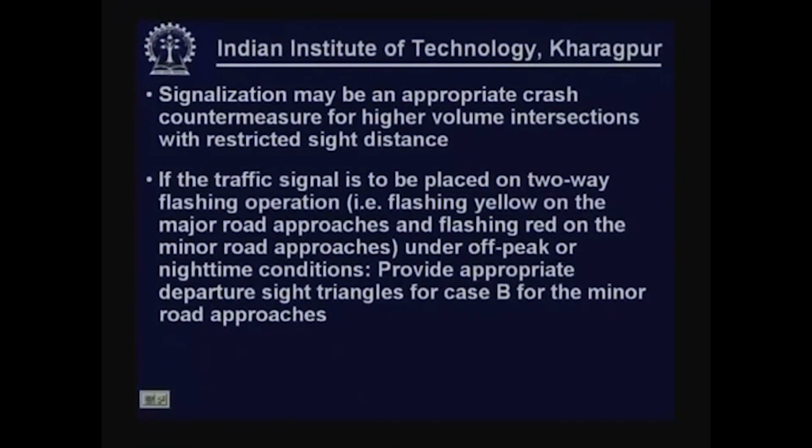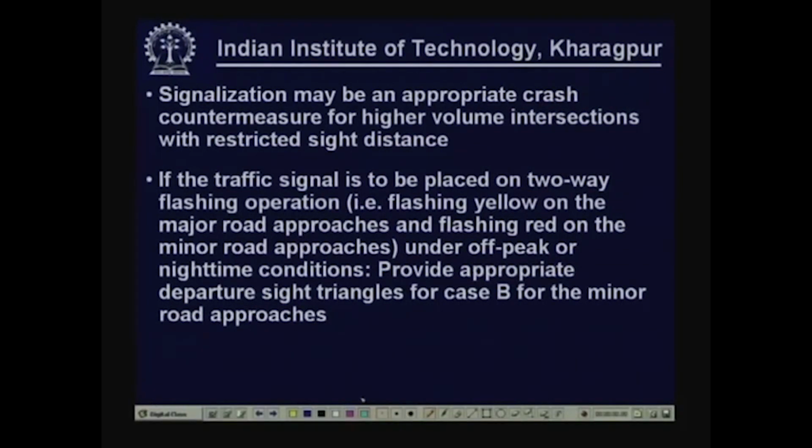If the traffic signal is to be placed on two-way flashing operation, what we mean by two-way flashing operation is like this: flashing yellow on the major road approaches and flashing red on the minor road approaches under off-peak or night time conditions.